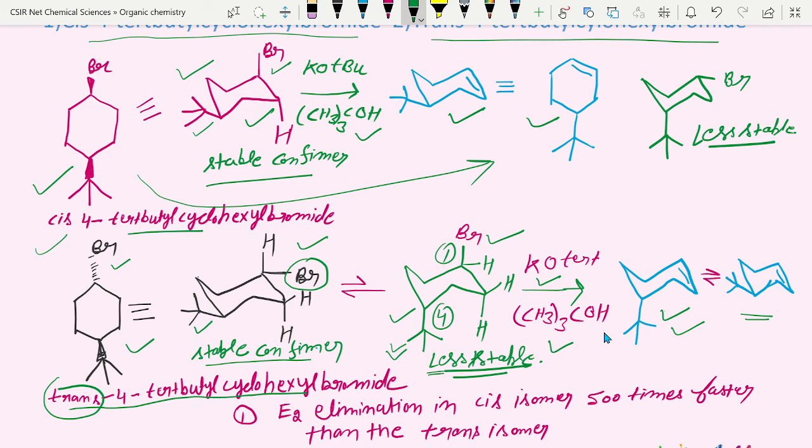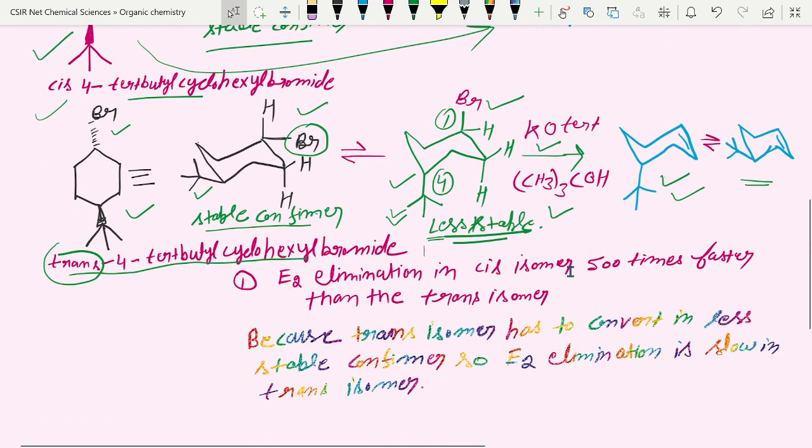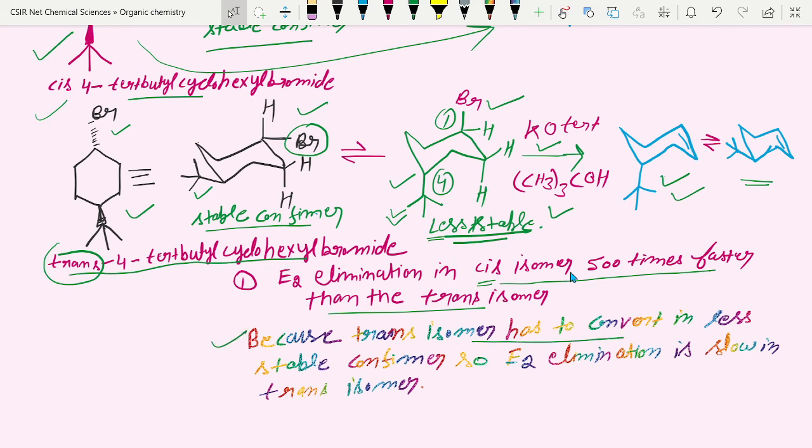From this mechanism, what we have learned is that in E2 elimination, the cis isomer is 500 times faster than the trans isomer, because in the cis isomer E2 elimination happens directly through the more stable conformer. The trans isomer has to convert to the less stable conformer, so E2 elimination is slow in the trans isomer.